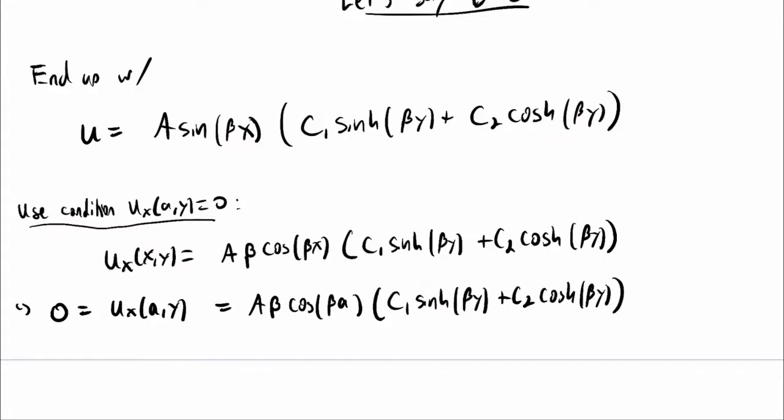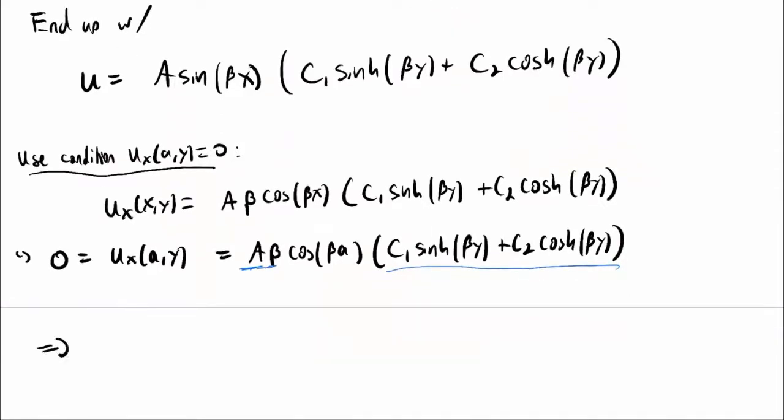Now I can certainly choose y so that this term involving the y component of the solution is non-zero. And I can assume that this constant a here is also non-zero, or else my solution is just the trivial solution, and similarly for beta. And so if I divide by the terms that I've underlined in blue, this tells me that I need to have 0 equal to cosine of beta a, right?